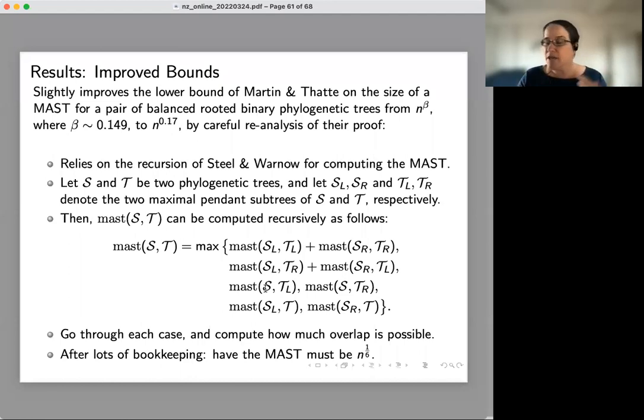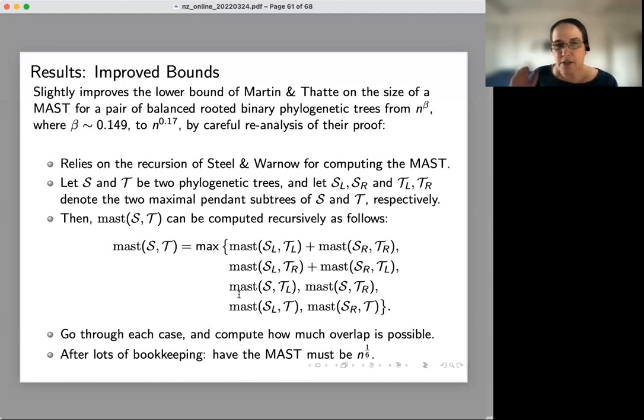We can do one or the other, we can't do both, to keep the structure. Similarly, we can do all of tree T with part of the S subtree, left or right. These are the choices you have, and you can literally compute the MAST this way, just recursing downwards and taking the max of the result.